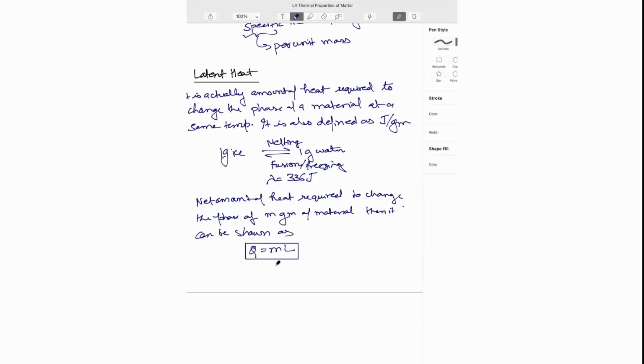So this amount of joule of heat is actually required to change the phase.